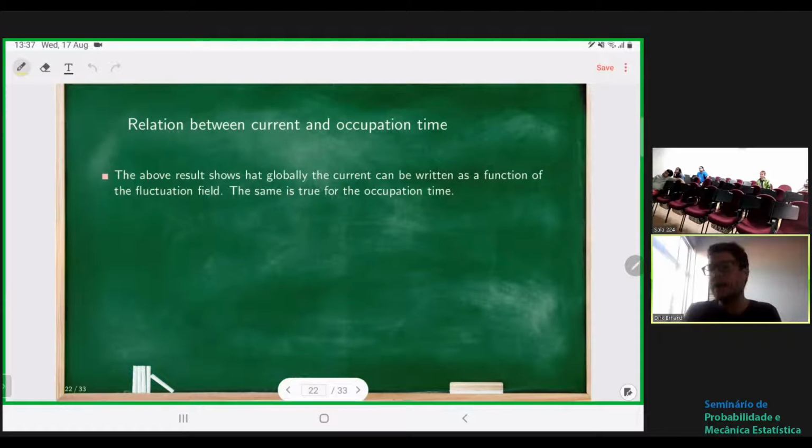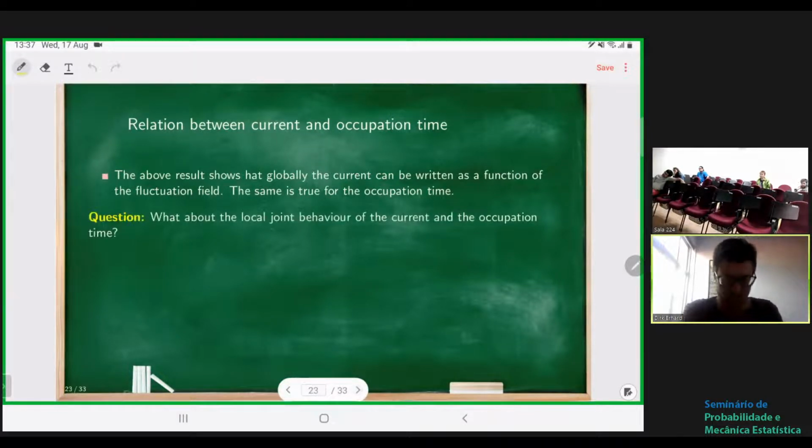And now what is very natural to ask is, what is the relation between the occupation time and the current? Globally they seem to be related, so for sure they're also locally related. So it's a natural question to ask: what is the joint behavior of the current and the occupation time? And in equilibrium, we have the following result, which is a corollary of one of our results.